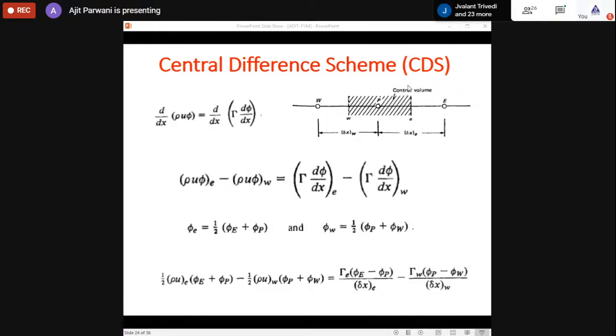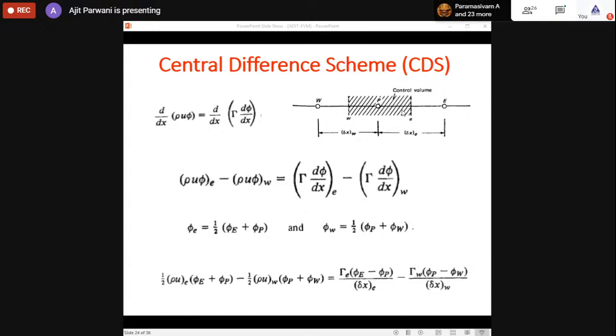If it's a linear function, then phi e, where phi is the variable equivalent to temperature, is equal to phi E plus phi P by 2. Why have I written this? Because I assumed the temperature as a linear function for this case.